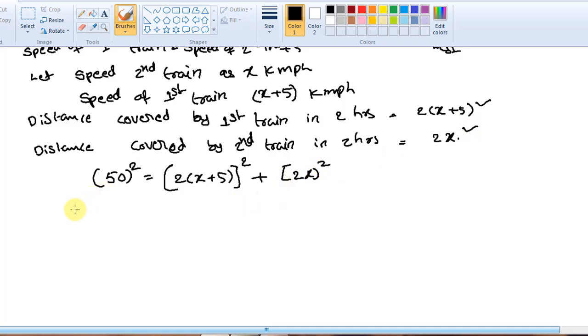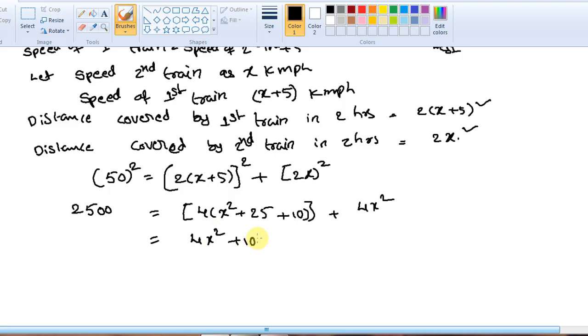By this we can write it as 2500 is equal to 4 of x square plus 25 plus 10x, plus 4x square. This can be written as 4x square plus 100 plus 40x plus 4x square is equal to 2500.